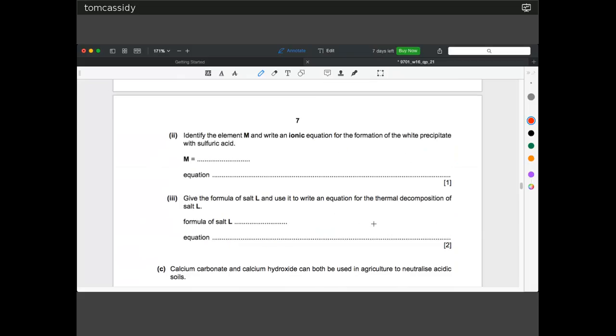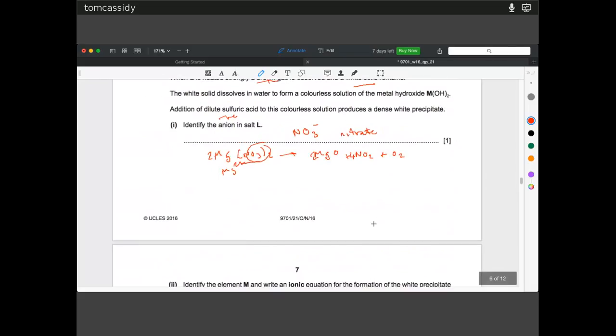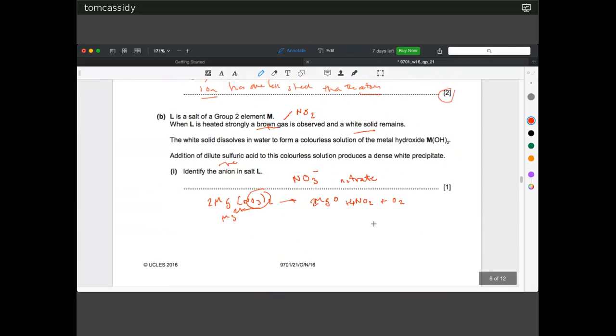Now, you've got to look back in the question here, and it's telling you that after you've heated this group 2 nitrate, the solid then dissolves to form a colorless solution of the metal hydroxide.